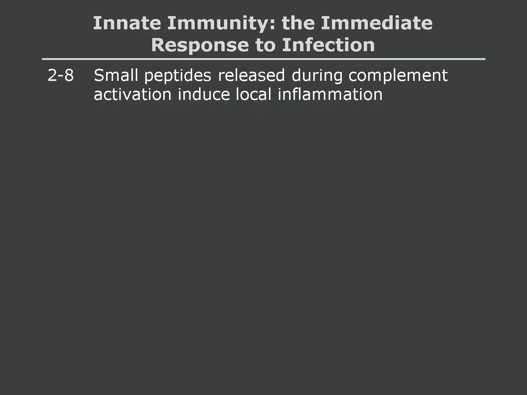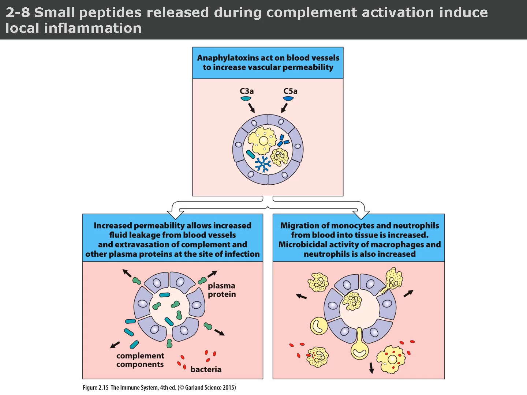Small peptides released during complement activation induce local inflammation. This image tells the story of how small fragments released during complement activation help initiate and amplify local inflammation. It begins with anaphylatoxins, small peptides such as C3a and C5a, which are generated during the complement cascade.